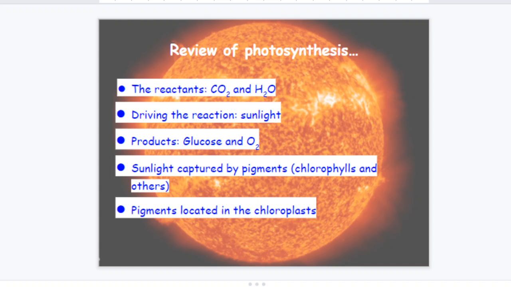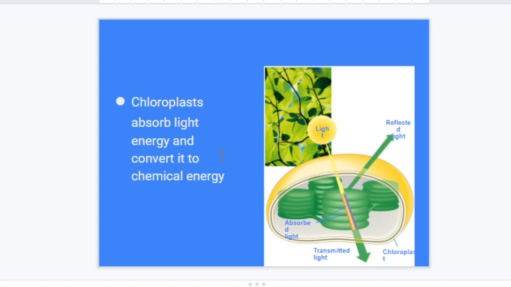All right, so a little review. The reactants of photosynthesis are carbon dioxide and water, and the driving reaction is the sunlight reaction, or the light dependent, and the products are glucose and oxygen. And sunlight is captured by pigments, chlorophylls, and others, and pigments are located in the chloroplast, okay? So the chloroplast absorbs light energy and converts it to chemical energy, just like you saw in the bonds.